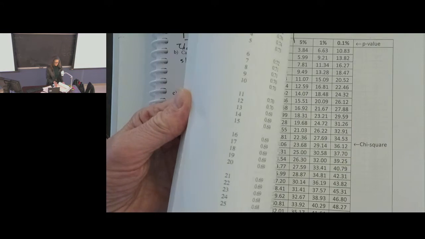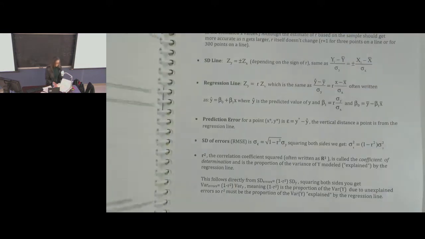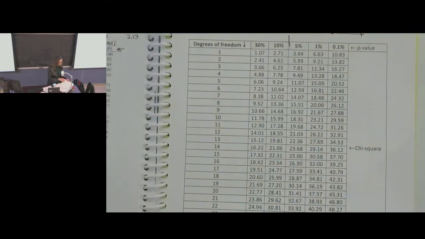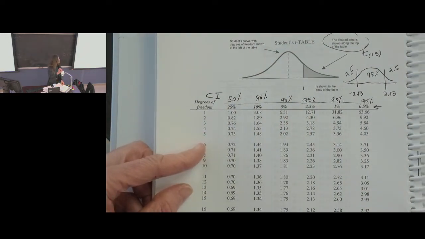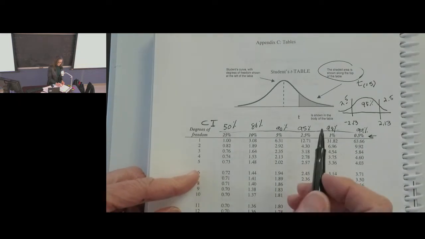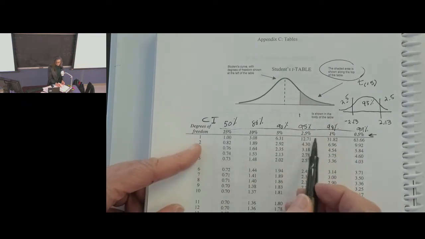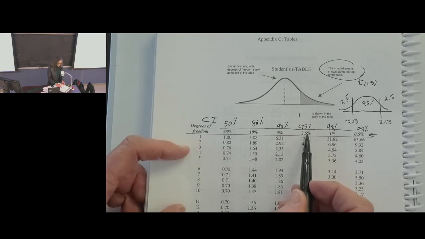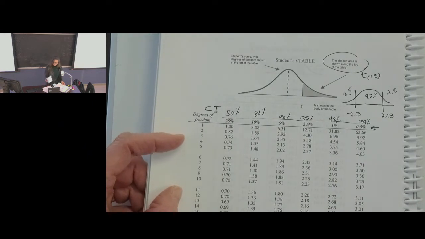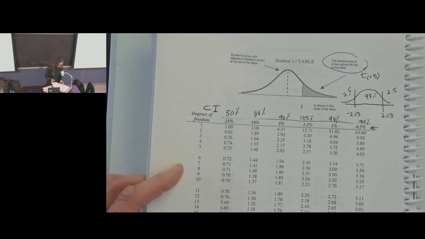So we go to the back of the book and the t-curve table. The way this table is, it just gives you the right tails. So this corresponds to the 95% because it's 2.5% in each tail. We have to go down and look at degrees of freedom 23. Whoa, way down here.